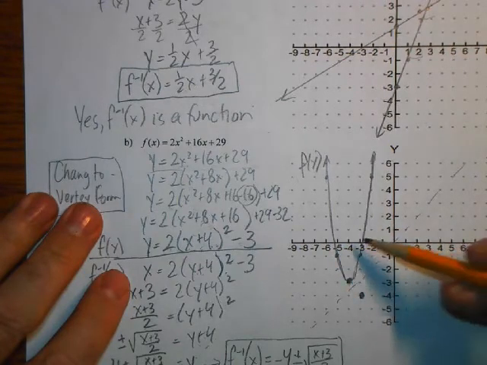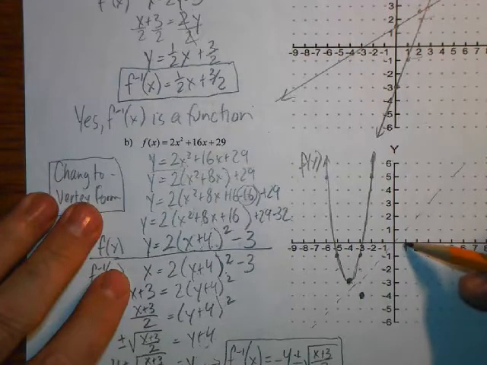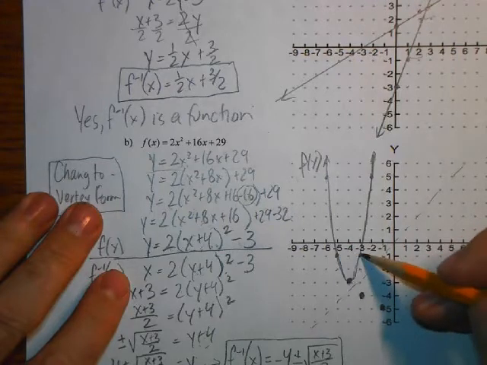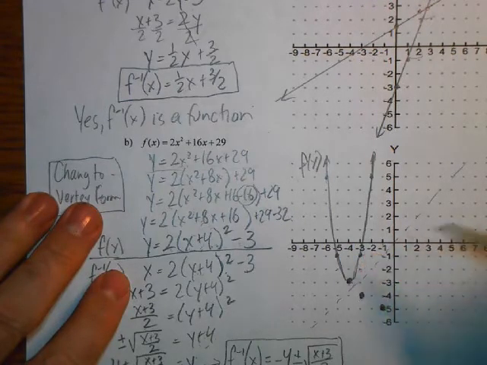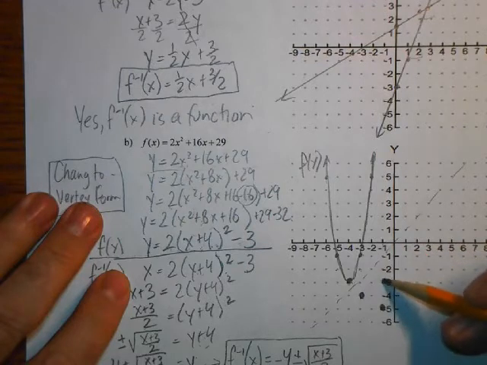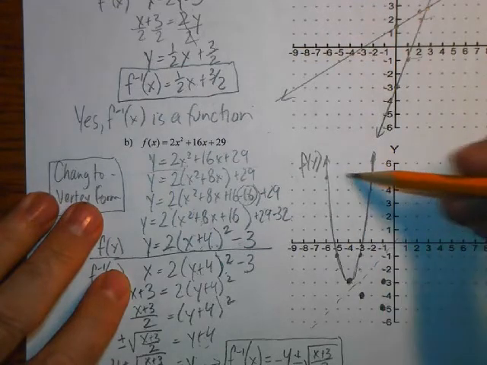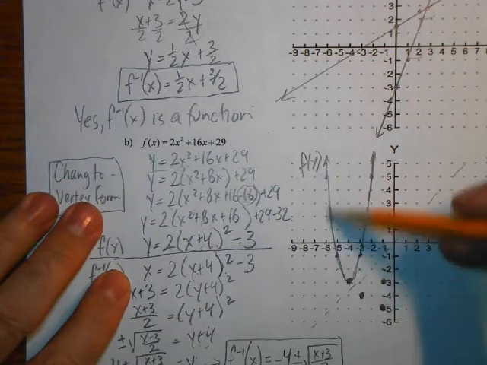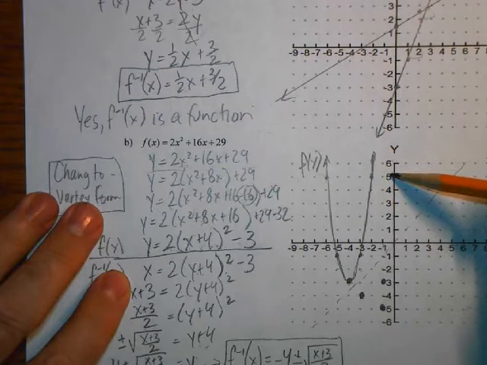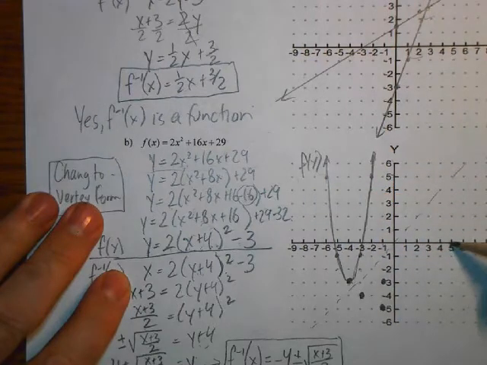So when I change it, that becomes -1, -5, which is down here. And this point here is -3, -1. So that's -1, -3. And then finally, this point is -6, 5, so it becomes 5, -6. So all the way down here.